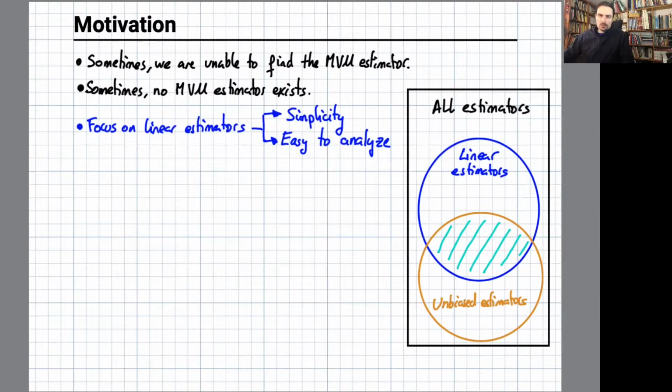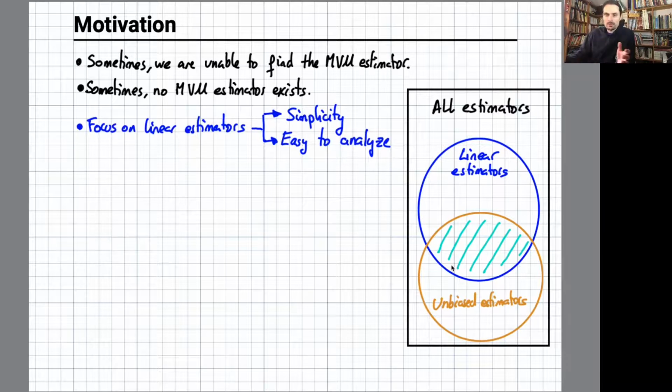So the approach that we are going to pursue today is to further restrict the family of estimators against which we compare. Remember that this is a recurrent theme in statistics.